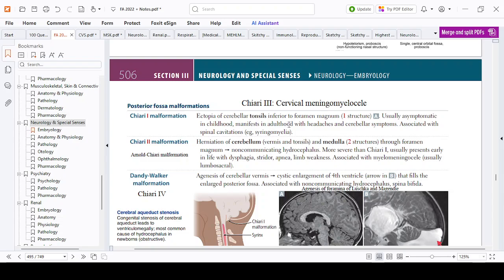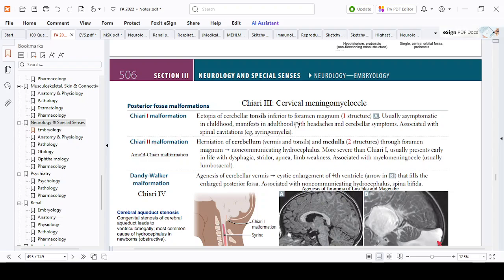It will manifest in adulthood with headaches and cerebellar symptoms associated with spinal cavitation, syringomyelia. The cerebellum is important for balance and walking, so any problem in this area may lead to cerebellar symptoms.